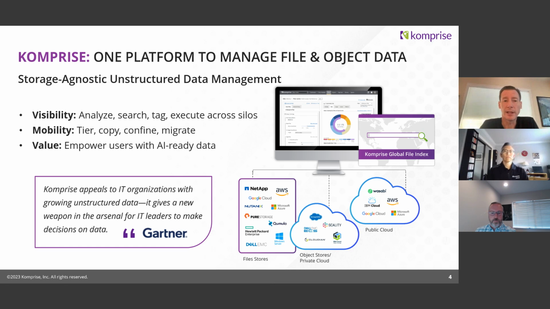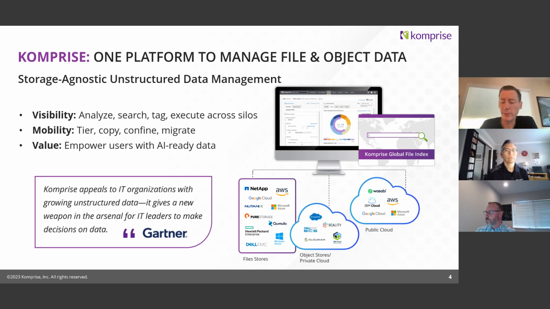So really quickly, Komprise is setting out to build a platform to manage unstructured data. And that's everything from giving you the visibility. We've always talked about being analysis first. Really, we say know first, then move smart. So getting visibility to analyze, search, tag, execute data across silos, mobility. So whatever your data movement use case happens to be, tier, copy, confine, and we're going to talk about migration a lot today.